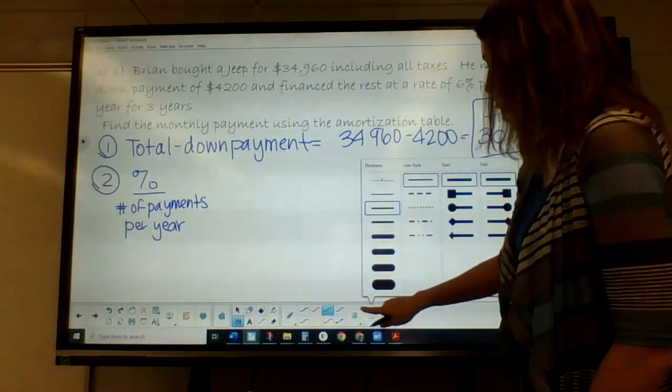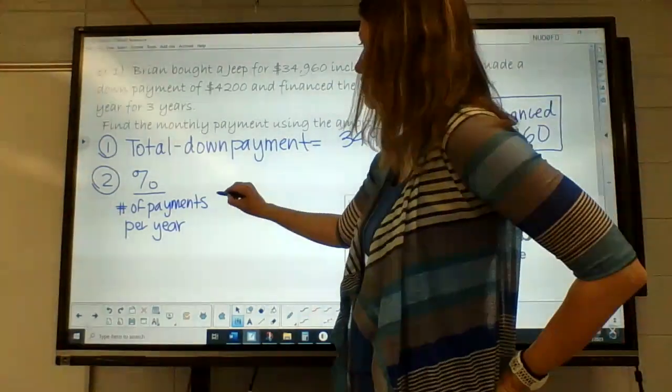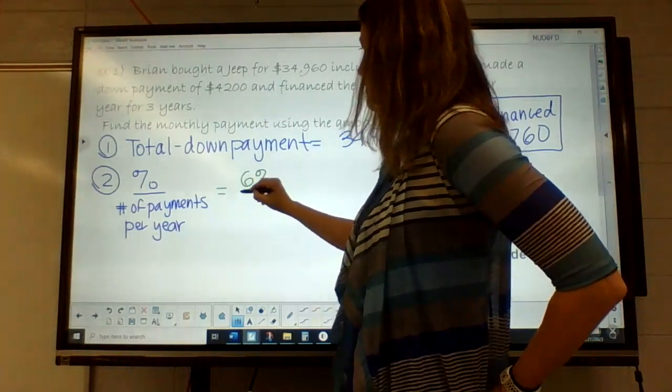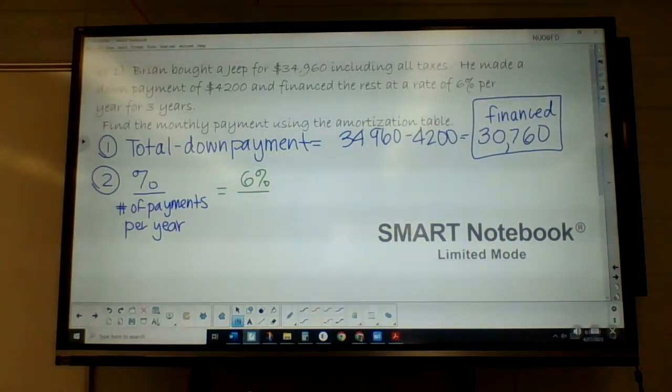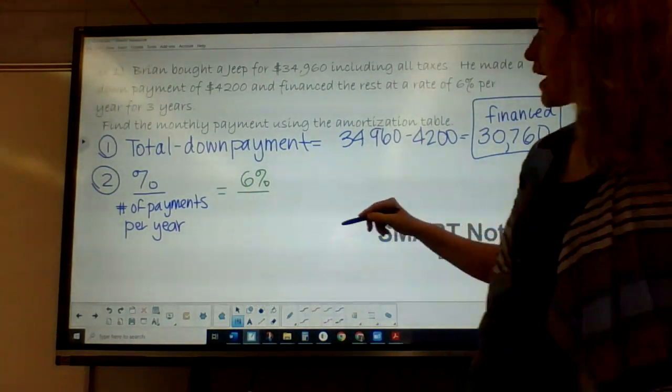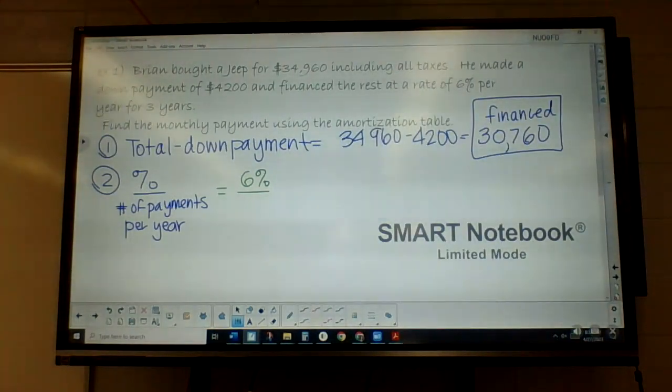So what I mean by that is that 6% is going to be divided by, he's doing monthly payments, so divide by 12. So that's going to be 0.5% per month for 3 years. So he's paying off this Jeep for 3 years.